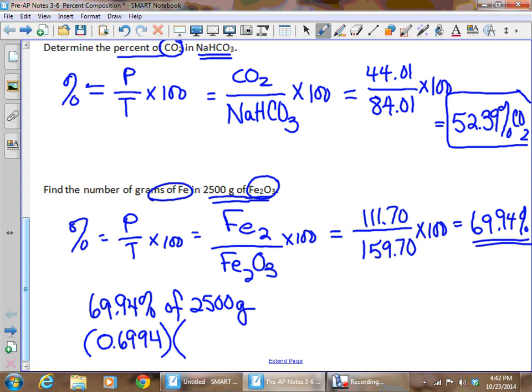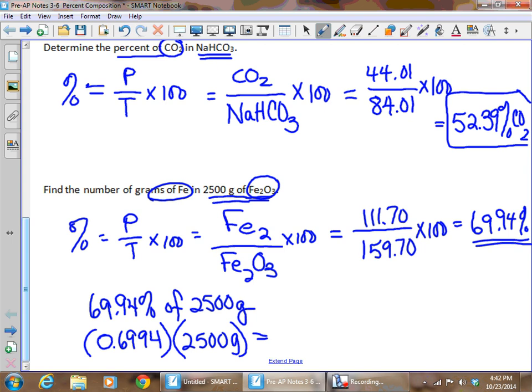This is a multiplication. Many teachers teach it different ways, but mine always said if there was an "of" in it, it meant you multiplied. So we're going to multiply by the 2,500 grams. And when we get our answer, notice that our units are going to be grams. Is this going to be a two-place past the decimal value? No, it's not. Grams per mole, percent, and money are our two places past the decimal.